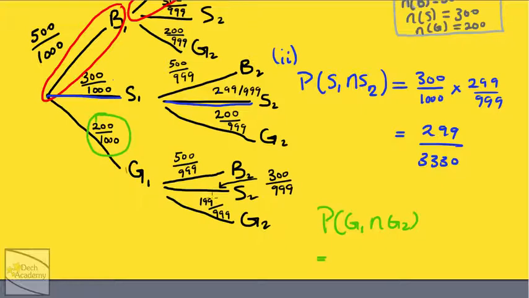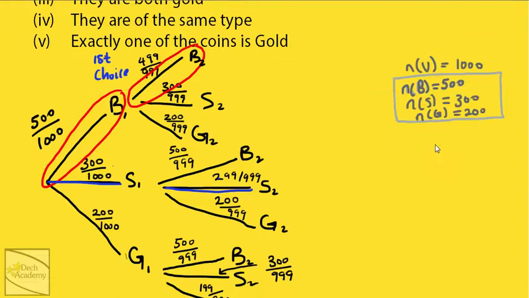So this times that: 200 over 1,000 times 199 over 999, which is equal to 199 divided by 4,995.